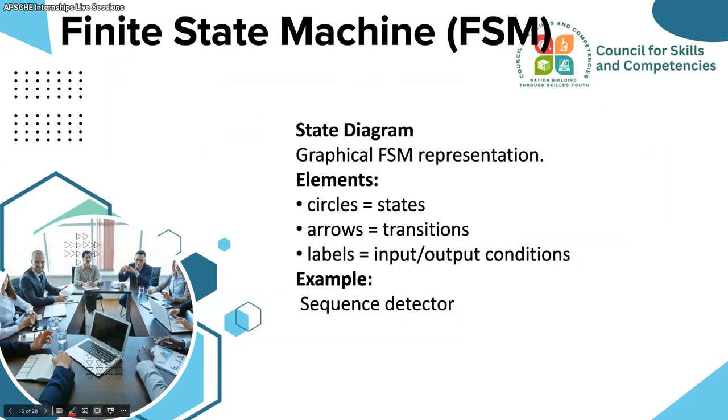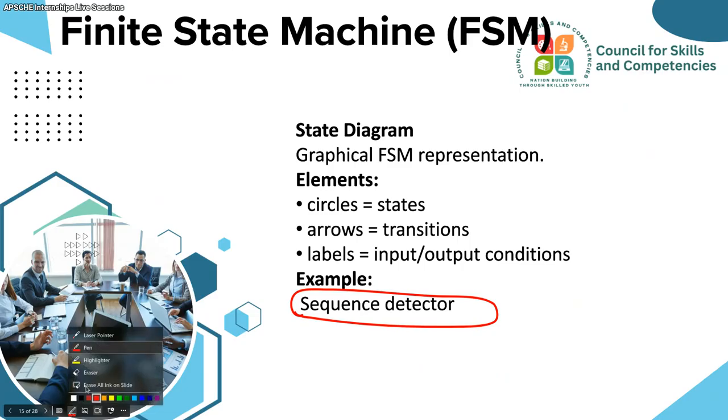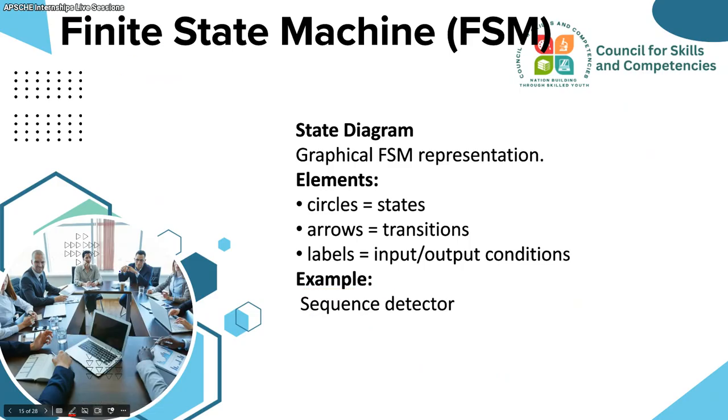If this is the first time you are listening to it, I know it is difficult to understand. But if you get an idea about this sequence detector, then you can understand the exact thing I was trying to tell.